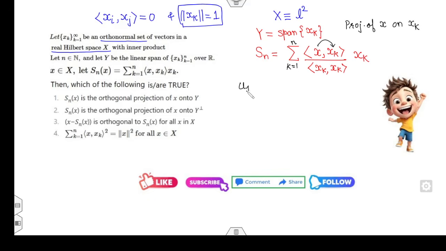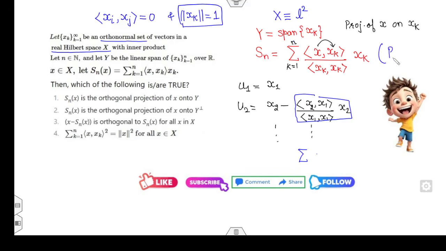So this means if I take the first vector, that is x1, the second vector will be x2 minus the projection of x on x1 divided by, fine, and so on. So that means when n is equal to 1 and so on, finally it becomes a summation. So this is my projection. Fine. And by using the Gram-Schmidt process, u1 and u2 are my orthogonal vectors.